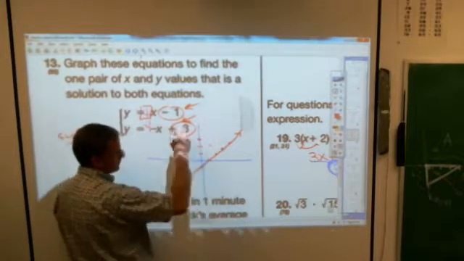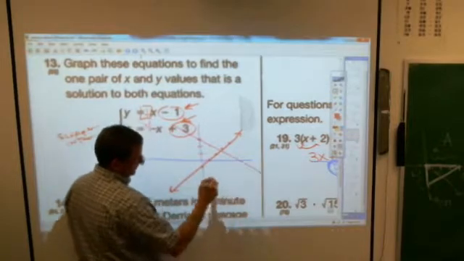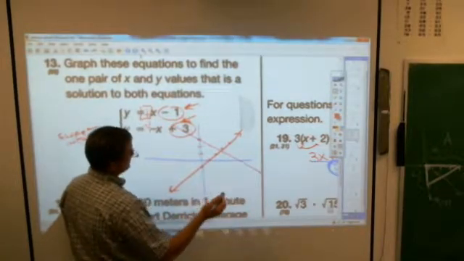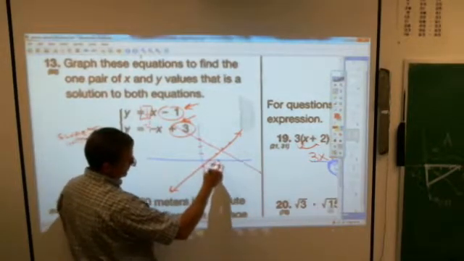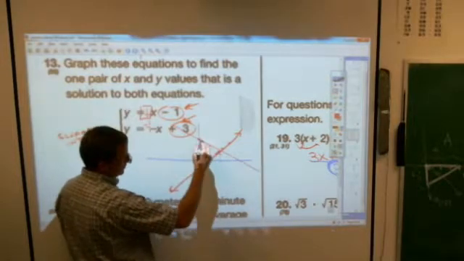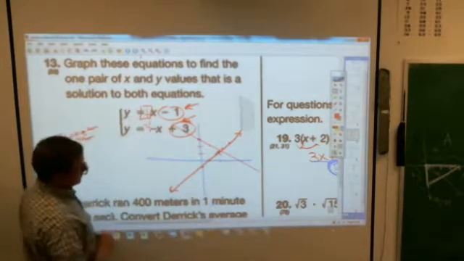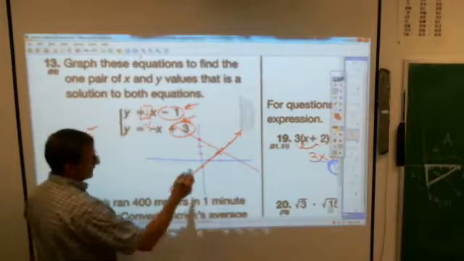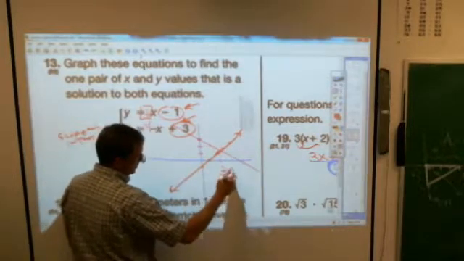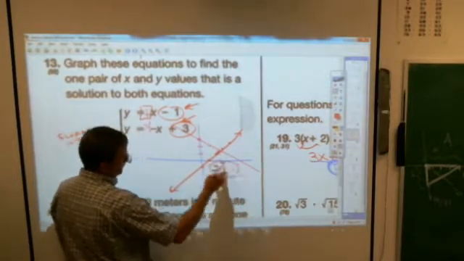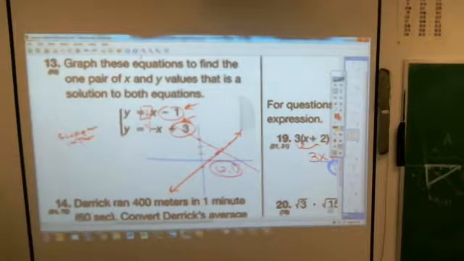Anyways, it's going to cross. Looks like it crosses here at 2, 1. Anyways, your lines will cross at 2, 1 if you draw them straight. Accuracy does count on that, so freehanding is kind of bad.